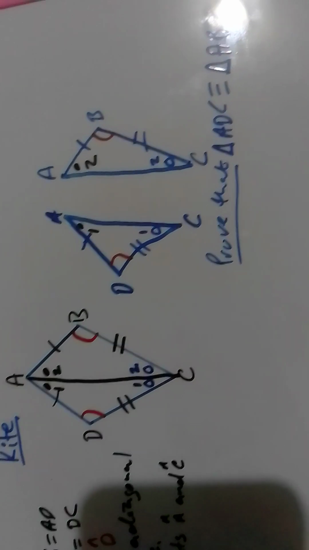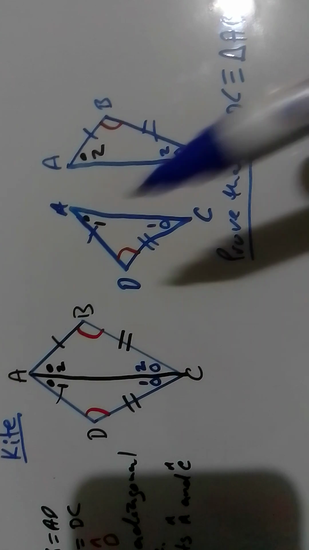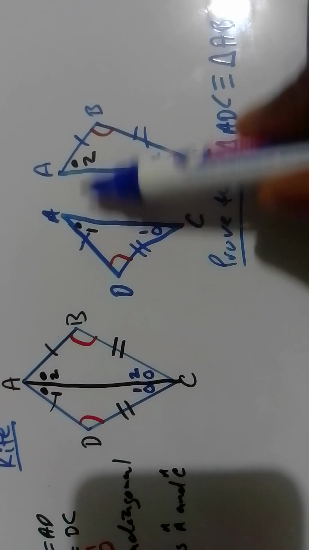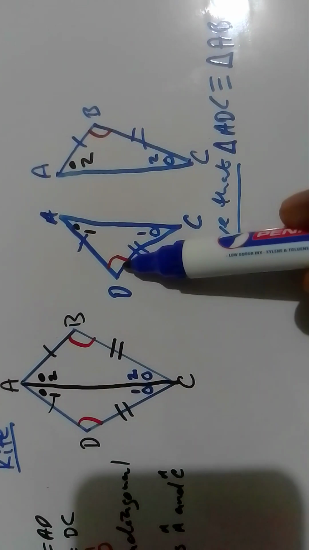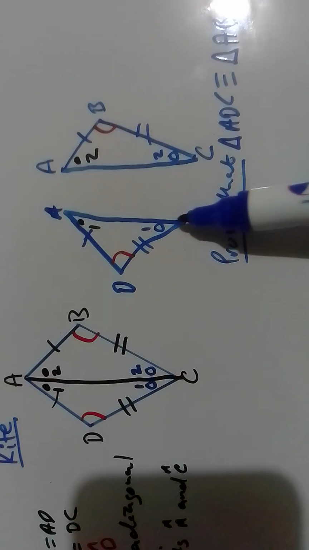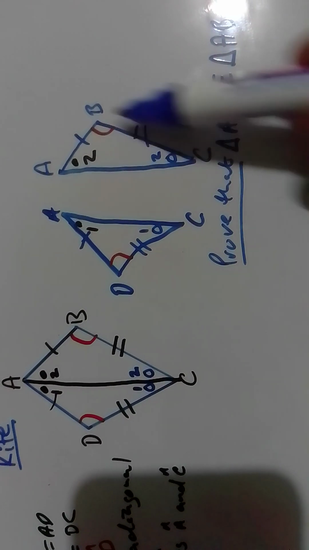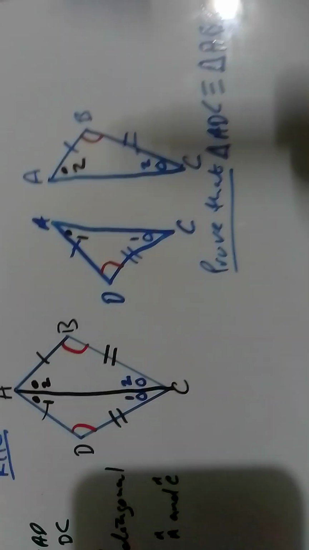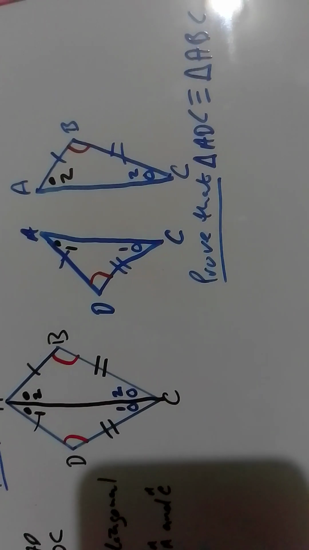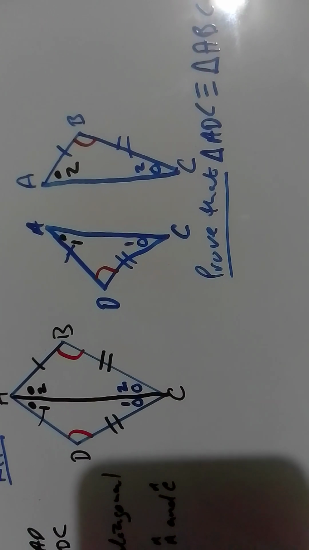So what do I observe? Alright, this angle is equal to that angle, this angle is equal to that angle, but this is equiangular. We are not trying to prove similarity. So what do I say?